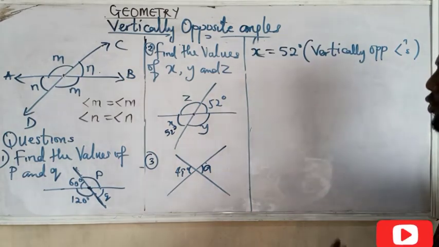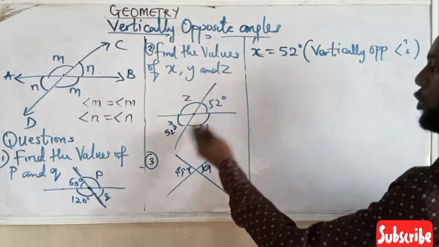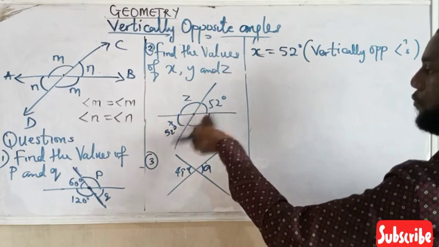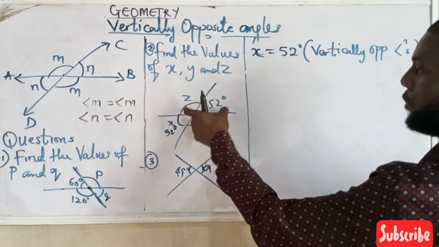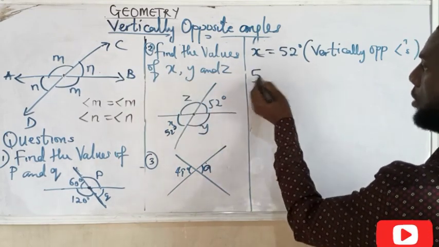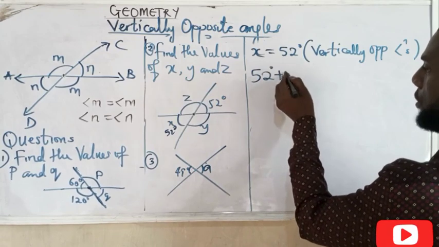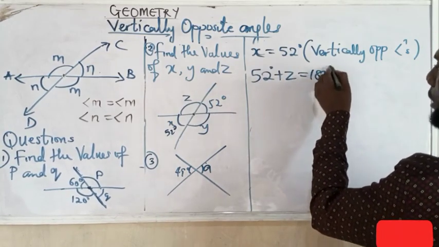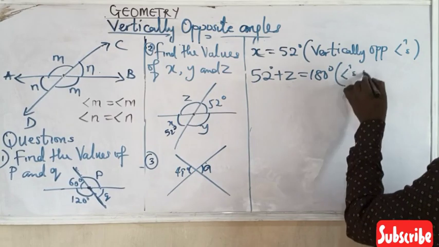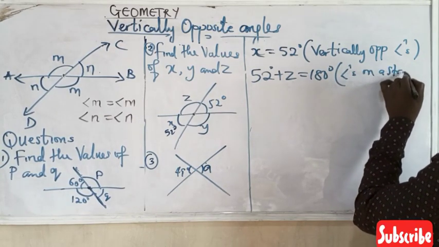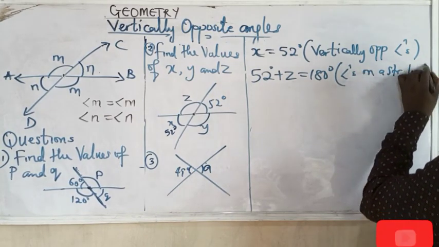So what we can do is just take a pair. For example, I can say 52 degrees plus z equals 180 degrees. Reason, angles on a straight line.